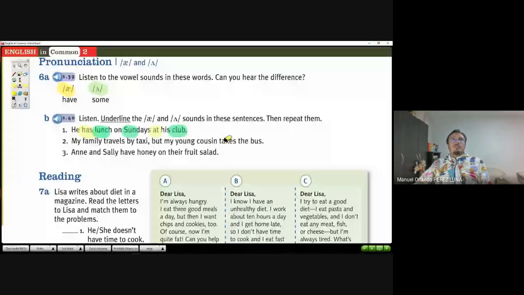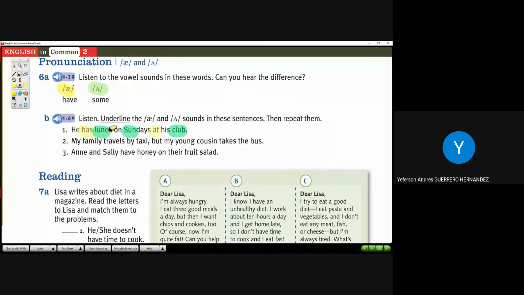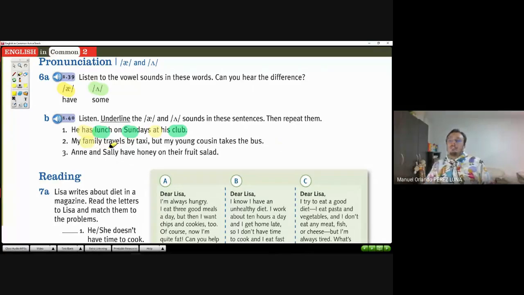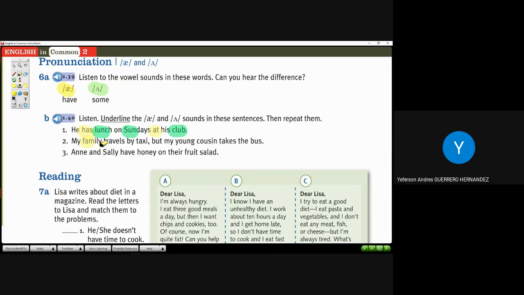Let's go with the second one. My family travels by taxi, but my young cousin takes the bus. Where do we put the yellow? Family. We don't say "family" with the open a, we say it relaxed. Taxi.